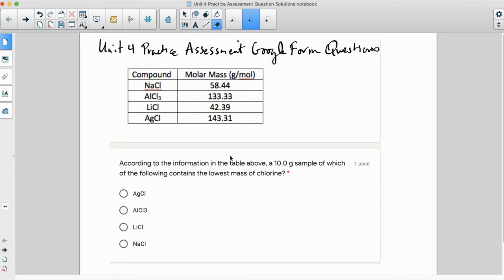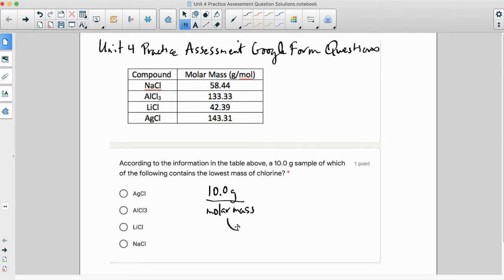So the first question says we have 10 grams of each of these compounds, which contains the lowest mass of chlorine. So in order to find the lowest mass of chlorine, we just need to take our 10 grams and divide by the molar mass of these substances.